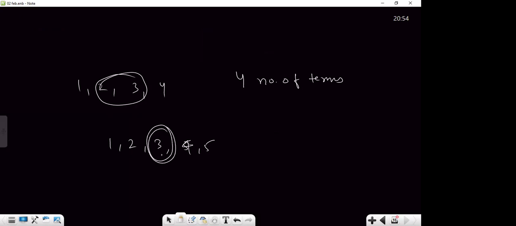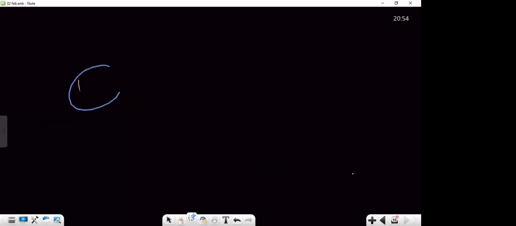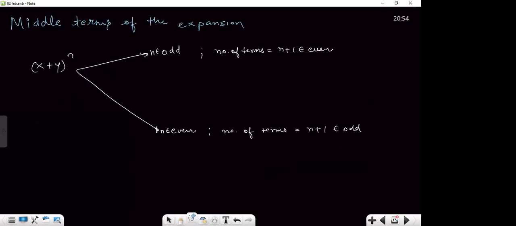So there will be a single middle term. Similarly, in the case of n being odd, our total number of terms will be even, so there will be two middle terms. One middle term will be T of (n plus 1) divided by 2, and the other middle term will be T of (n plus 3) divided by 2.